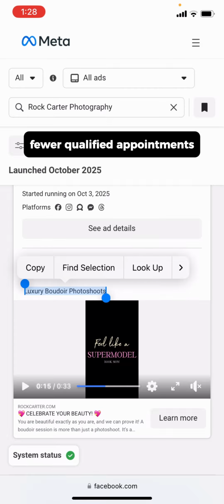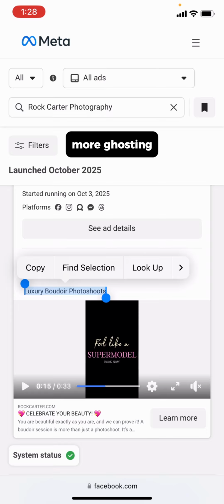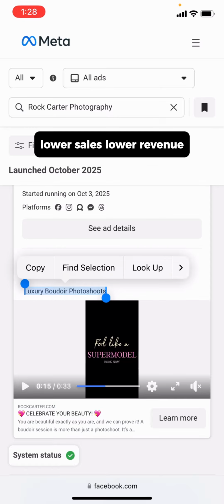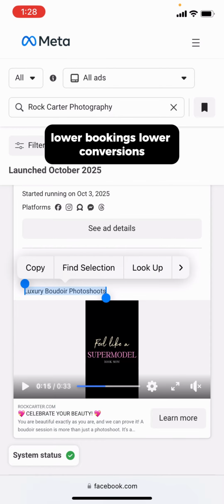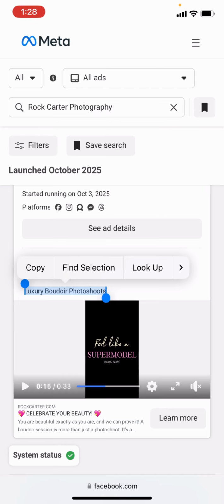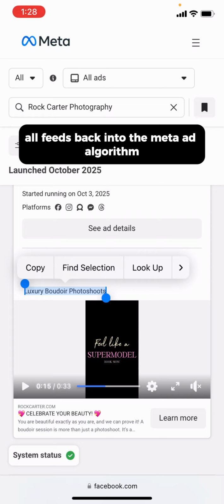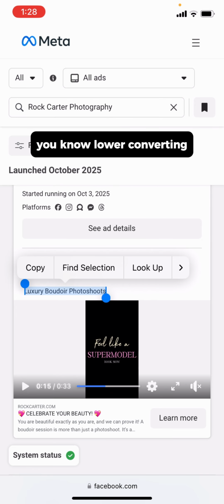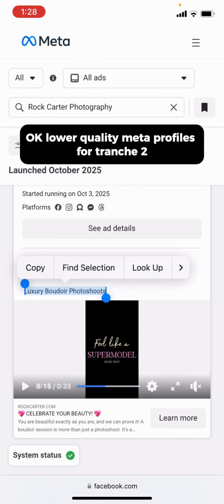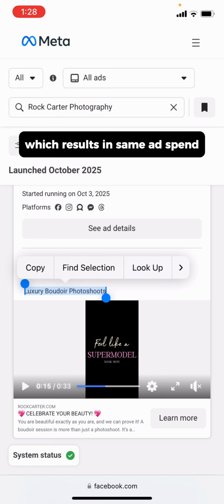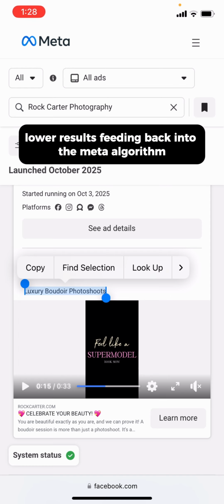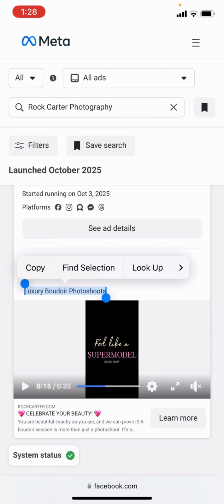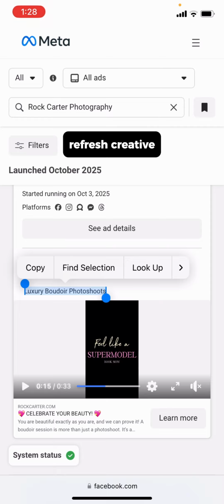So fewer qualified leads, fewer qualified appointments, more ghosting, more price hunters, more tire kickers, lower sales, lower revenue, lower bookings, lower conversion rate, lower ROAS, all feeds back into the Meta ad algorithm, all that data from tranche 1 women. Our ads go to worse, lower converting, aka lower quality Meta profiles for tranche 2, which results in same ad spend, lower results, feeding back into the Meta algorithm over and over again. Downward spiral of despair activated. Ad burns out, ad dies out, refresh creative.